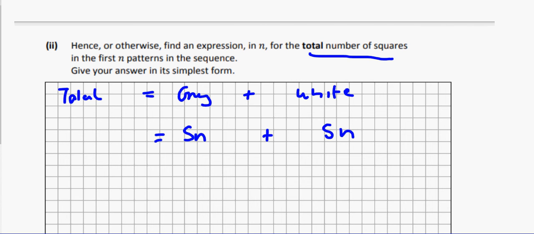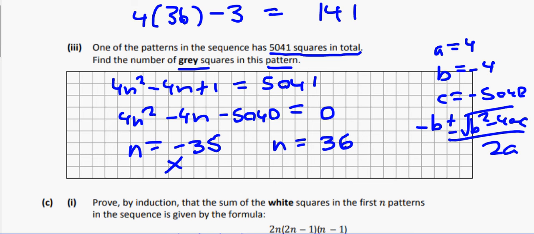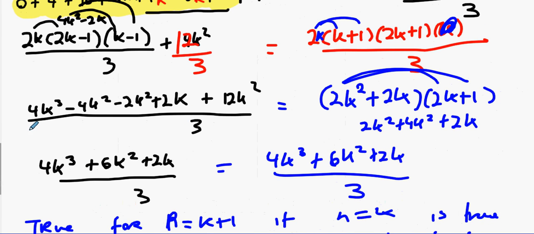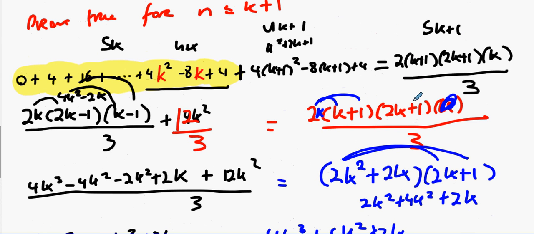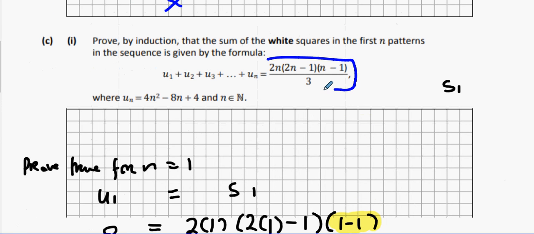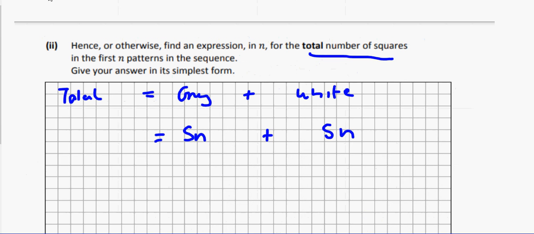The Sn for the white series is this formula here from earlier. Oh, sorry, it's actually in the question. It's 2n(2n minus 1)(n minus 1) all over 3.